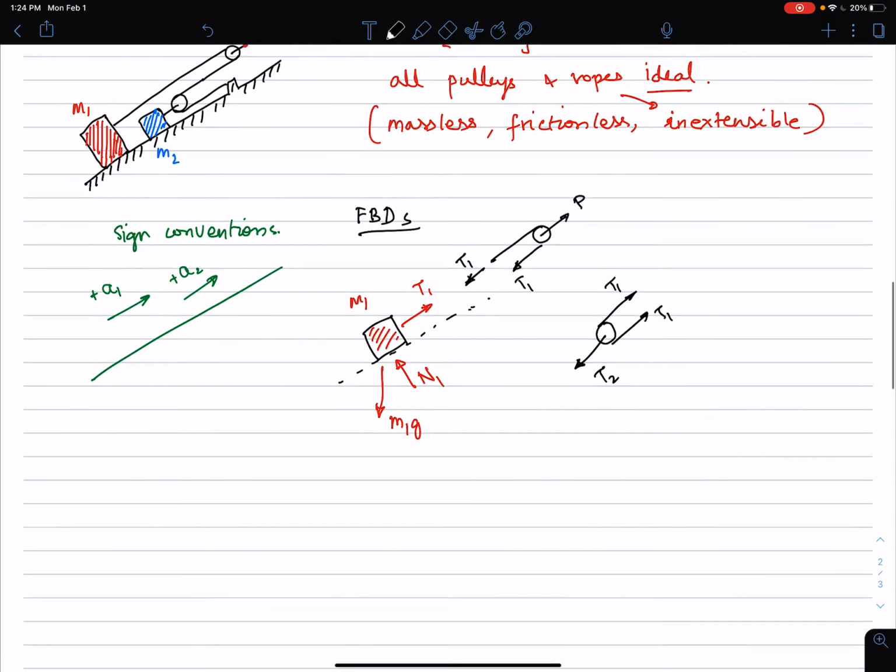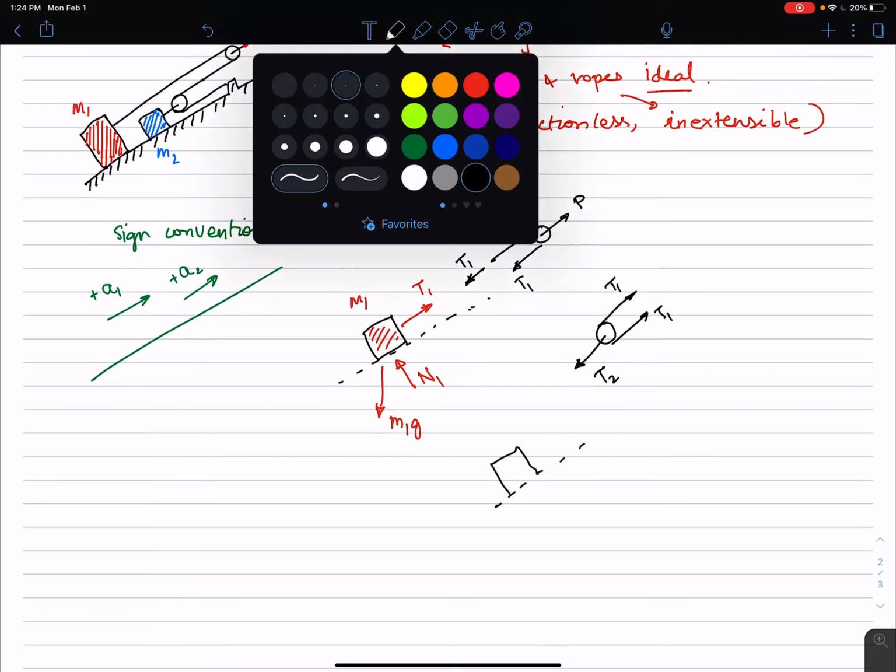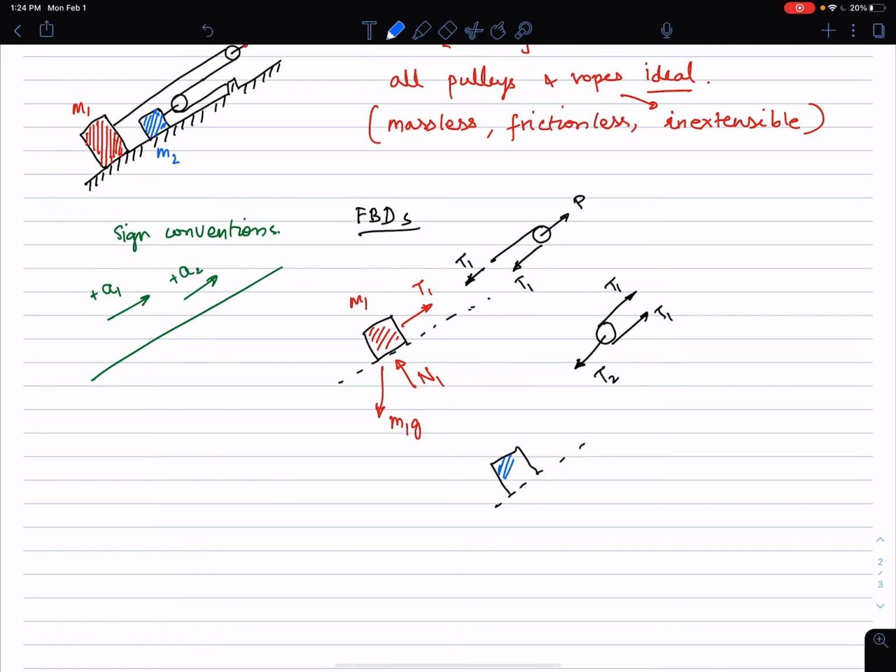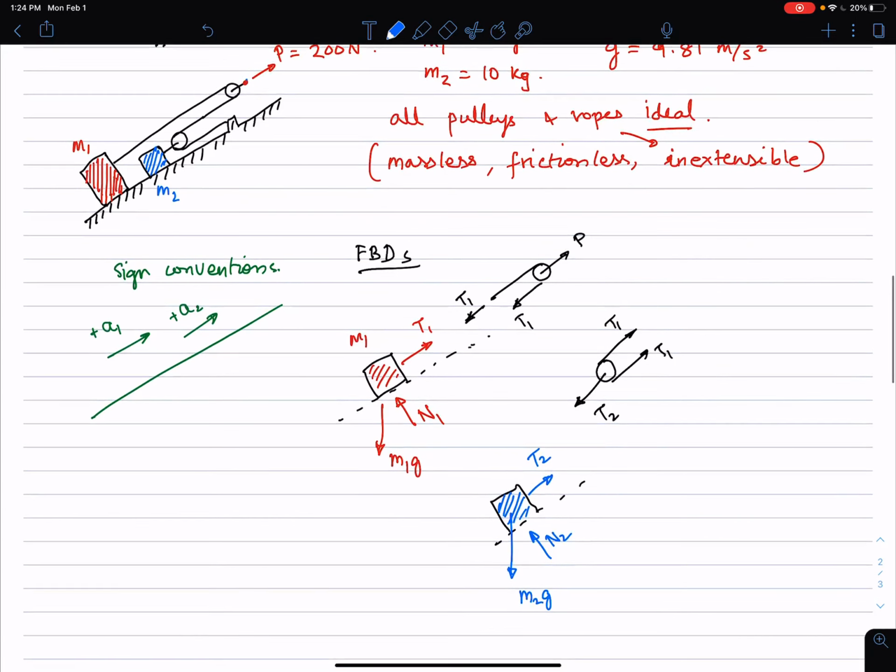And then we have the other mass, which has, again, a normal reaction N2, weight m2g, and the force pulling it up is T2, like so. Okay, so we've now drawn free body diagrams for each of these objects.